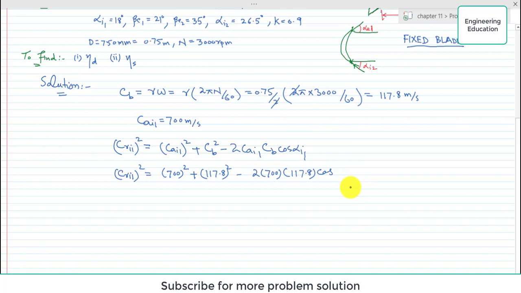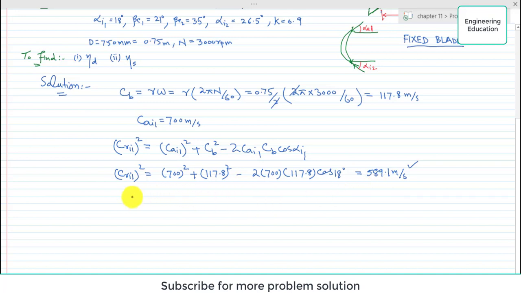Simplifying this, we get the value of CRI1, that is 589.1 meter per second.